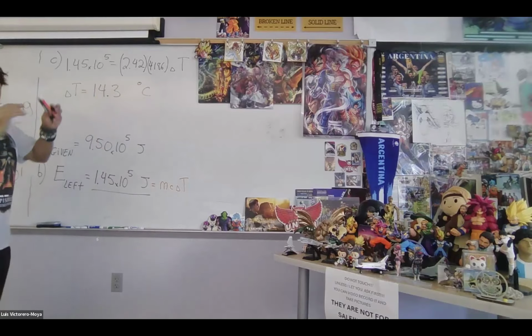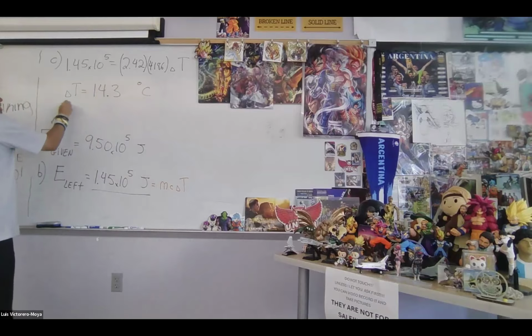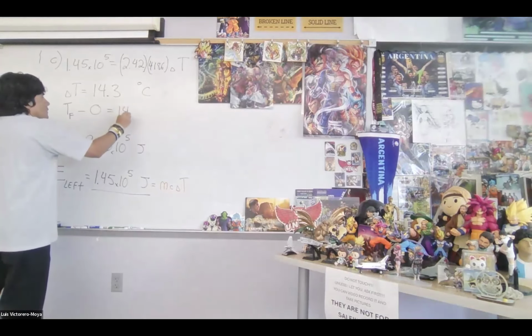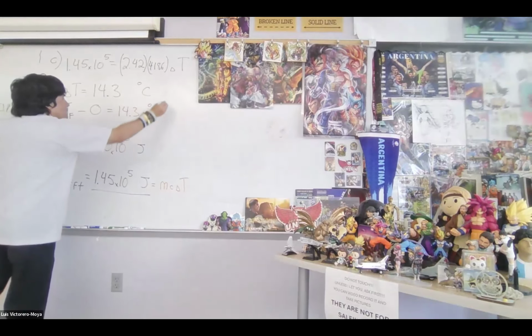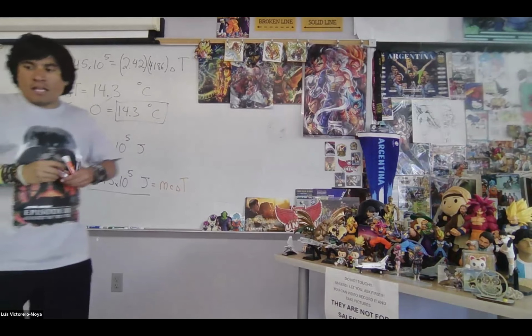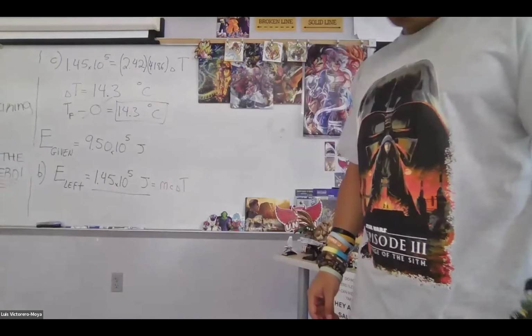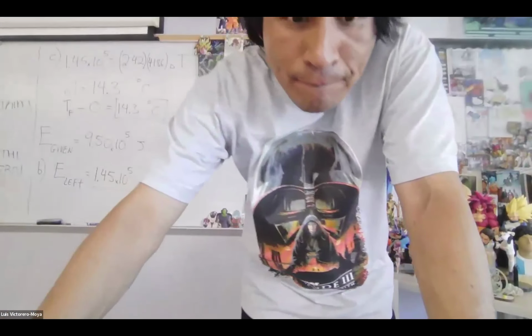Now, the final temperature of water will be T final minus T initial. T initial is 0 degrees Celsius. What do you think? This is the final temperature, right? 14.3 degrees Celsius. Not bad. Another interesting problem there.